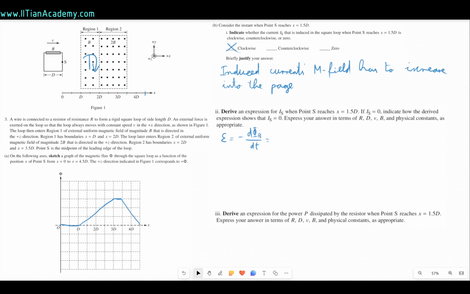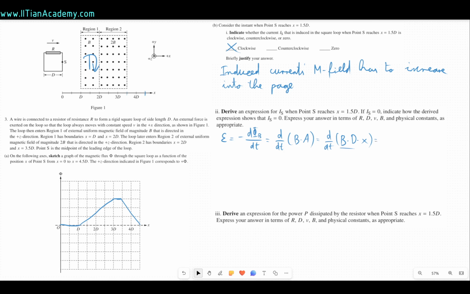And the rate of change of flux can be rewritten as the time derivative of B times A, as the flux over here. And what we can say is that the area is simply d times x. So the x coordinate represents how much of the loop is inside of the region.